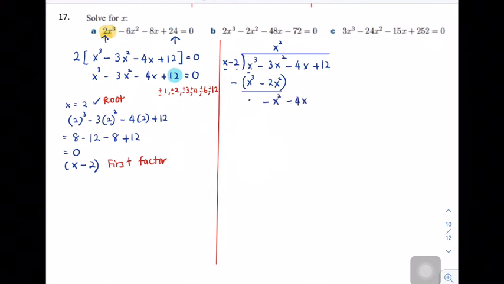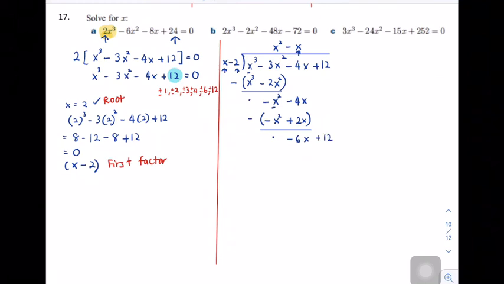Bring down negative 4x. So x to become negative x squared, we have to start with negative x. So negative x times x is negative x squared. Negative x times negative 2, positive 2x. Bracket minus, negative x squared minus negative x squared is 0. Negative 4x minus 2x will become negative 6x.